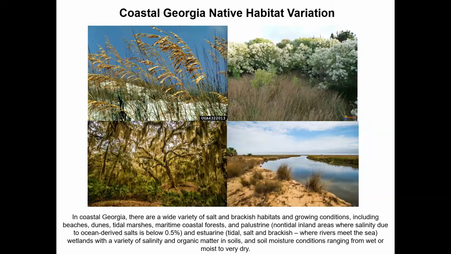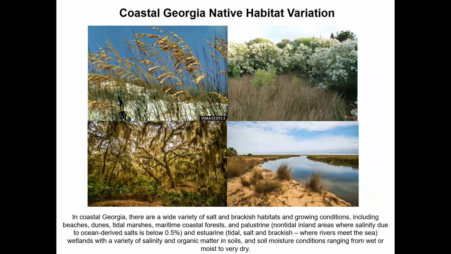But we're lucky in coastal Georgia because we have some wonderful coastal native habitats. And there's quite a variety of them, as these four pictures share with you. We have salt and brackish habitats that have very different growing conditions. And when you think of coastal Georgia, you may think of the beaches and the dunes and the marshes, as well as maritime coastal forests.